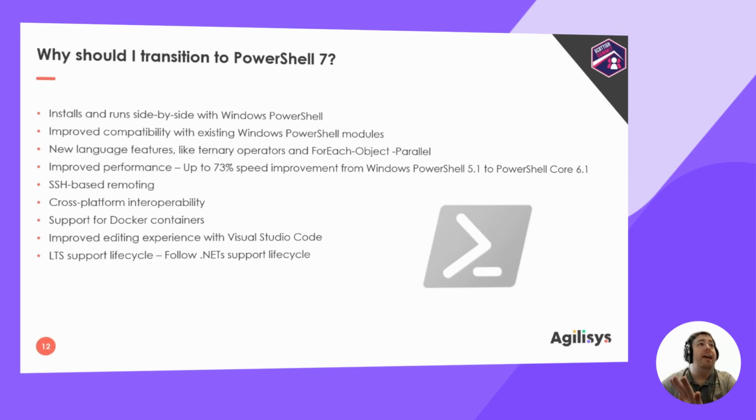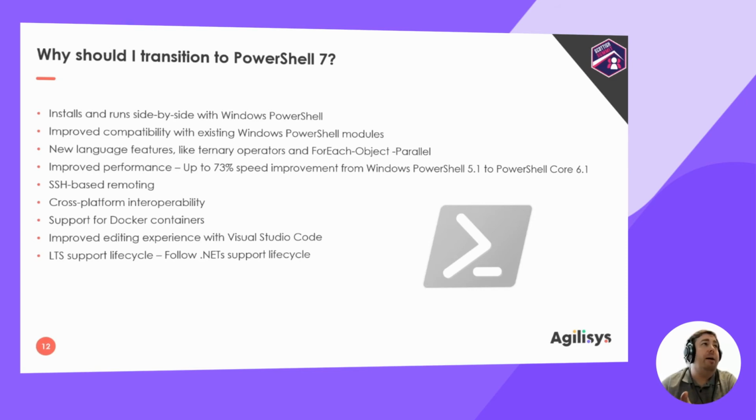Visual Studio Code is the future, and it's really what you should be using. I think VS Code is the number one development editor in the world today. To help you transition from Windows PowerShell to PowerShell 7, if you're very familiar with the ISE, the PowerShell extension in VS Code has support to make it seem just like the ISE.